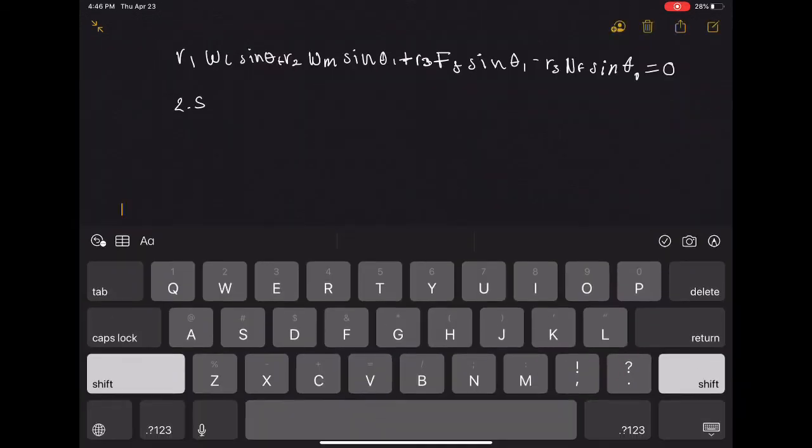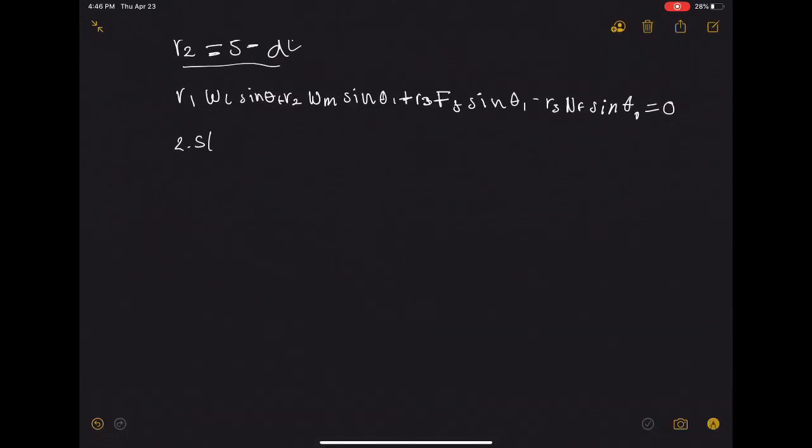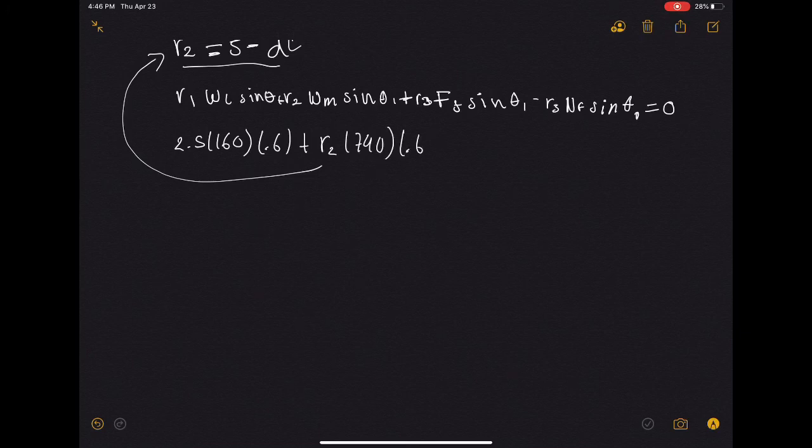So 2.5 times 160 times 0.6, plus R2, which we'll plug in after we know its value, times 740 times 0.6, plus 5 times 360 times 0.9, minus 5 times 900 times 0.6 equals 0.